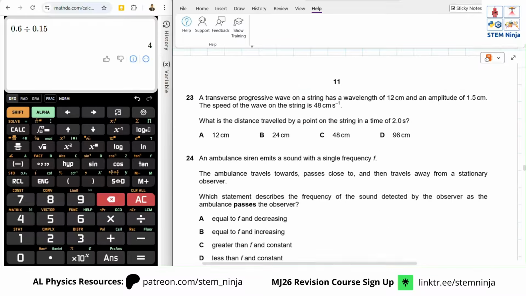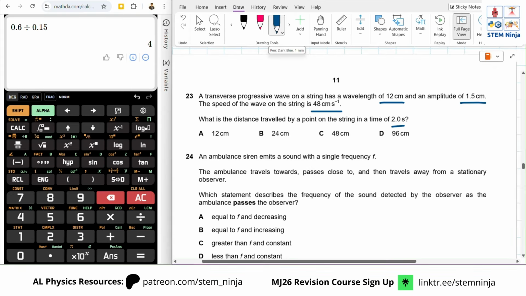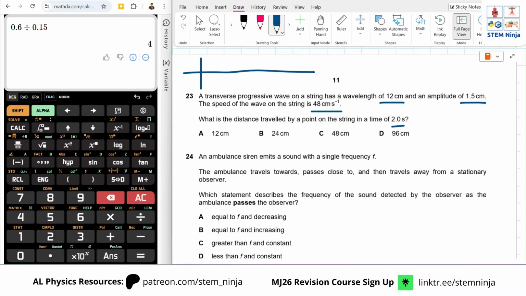A transverse progressive wave on a string has a wavelength of this, amplitude of this, and the speed of the wave on the string is this. What is the distance traveled by a point on the string in a time of 2 seconds? To understand this, you need to recall how the displacement-time and the displacement-distance graphs work.